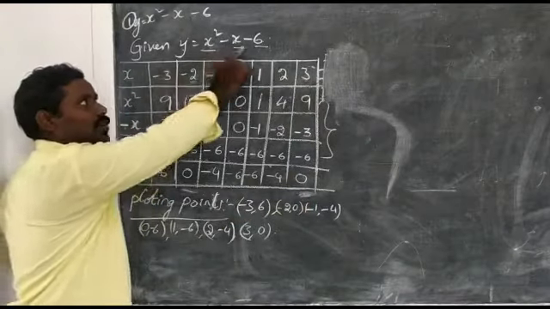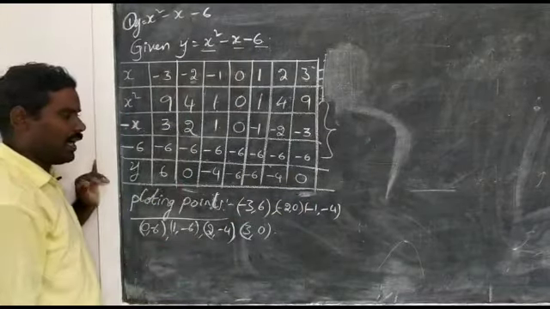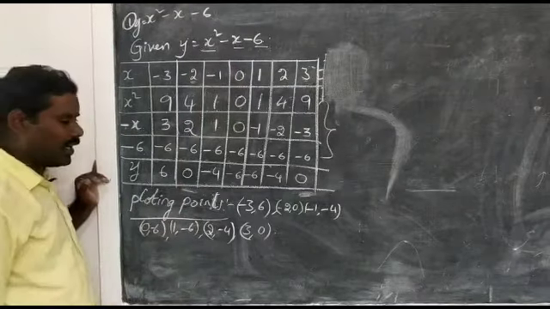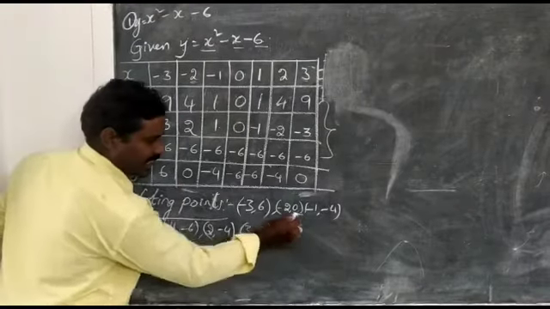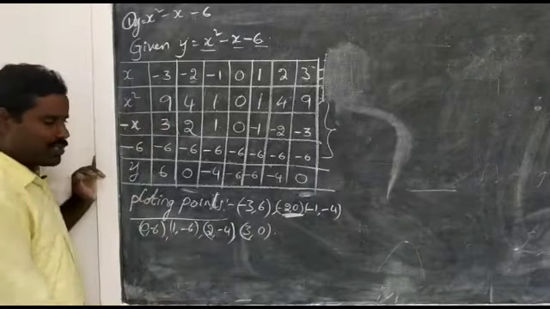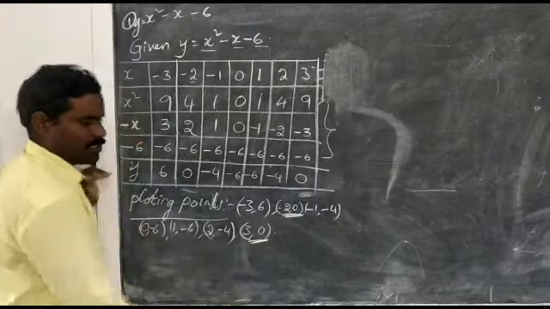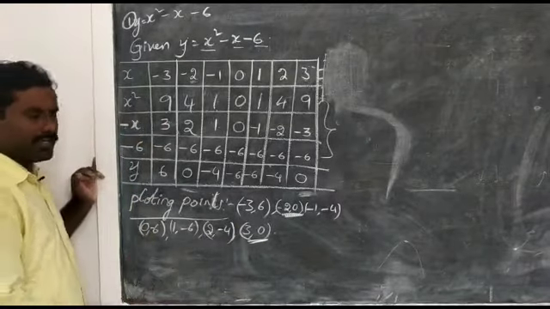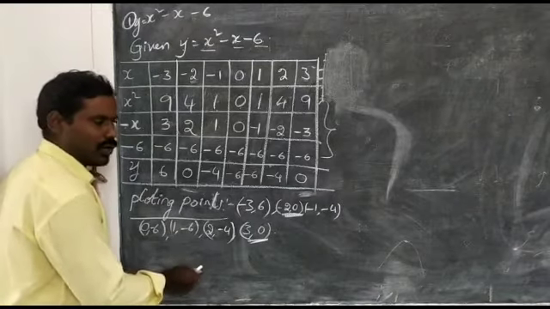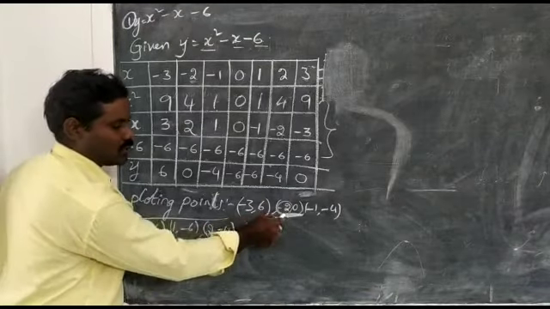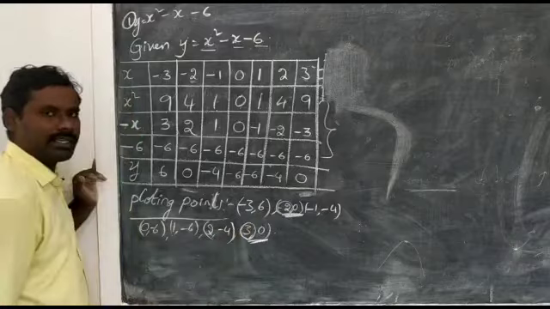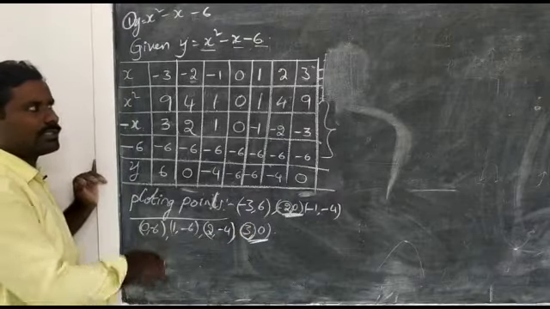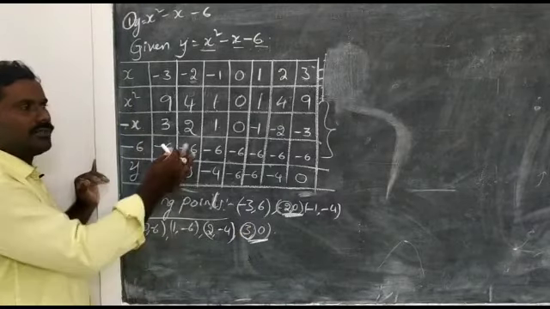The given polynomial forms an upward parabola. It intersects the x-axis at -2, 0 and 3, 0. And the next point, the zeros of the given polynomial are -2 and 3. This is about the back side of the graph sheet.